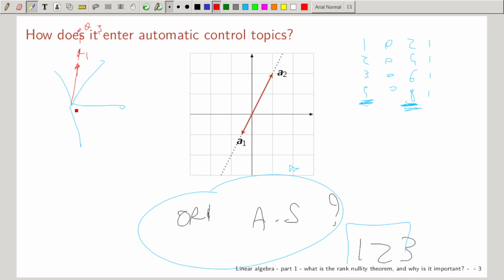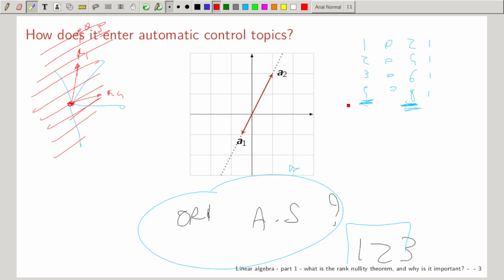True? A2, 0. A4, something like this. A4. True? The range is going to be all the linear combinations of this stuff here. True? There is a plane that has dimension 2. Rank nullity theorem, kernel dimension 2.